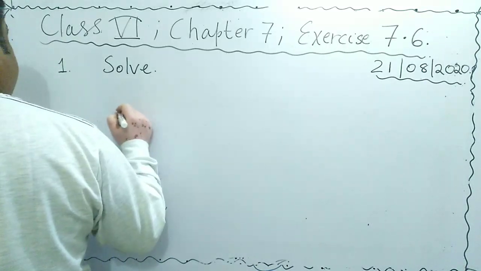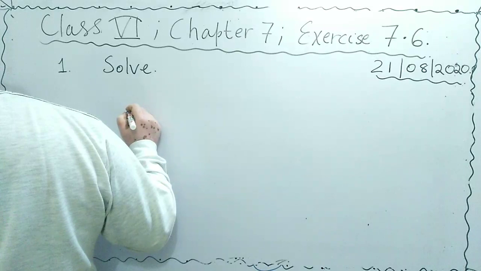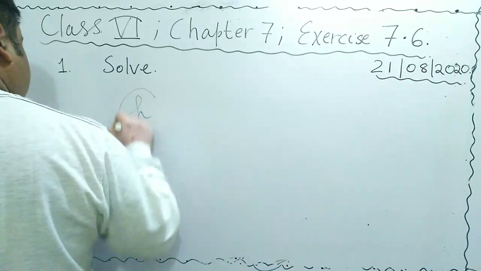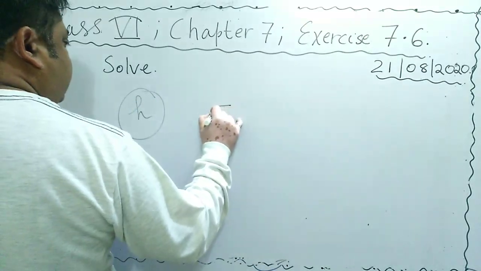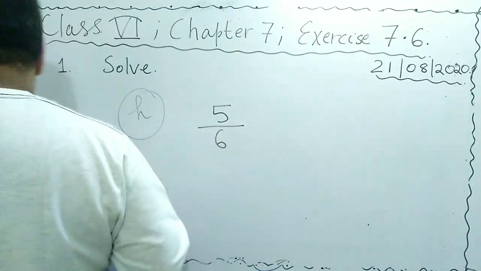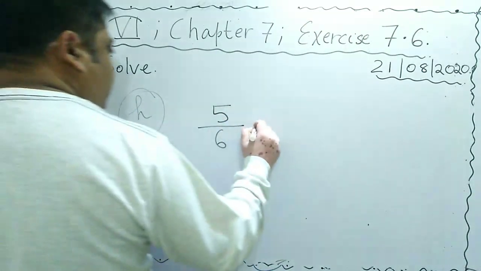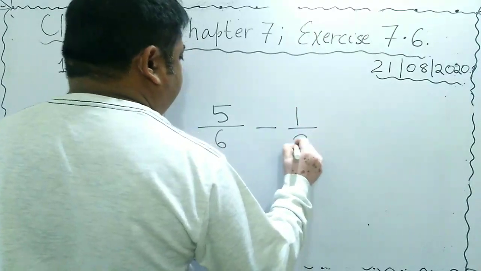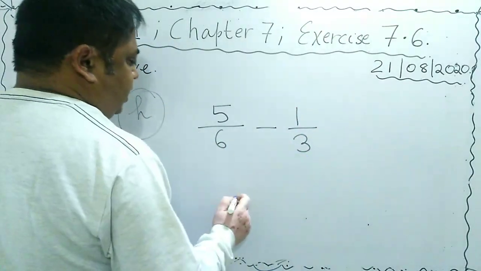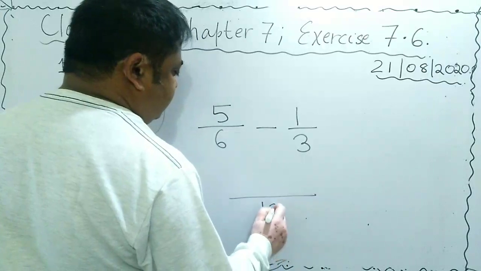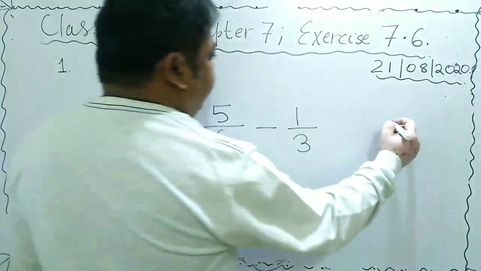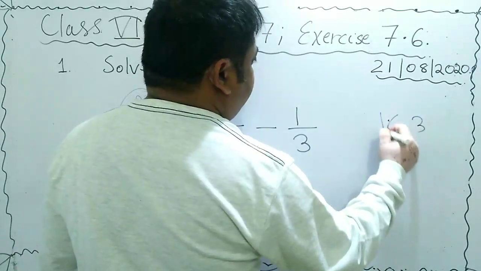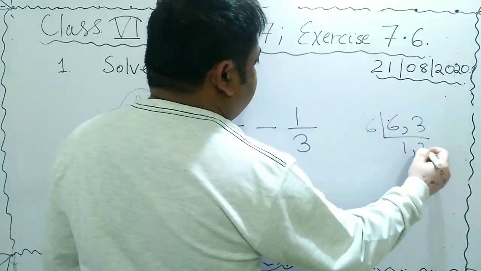Question number H. 5 by 6 minus 1 by 3. 6 3s are 18. That is how we take out the LCM. You can take this way also. 6 and 3. 6 1 times. This is 2 times.